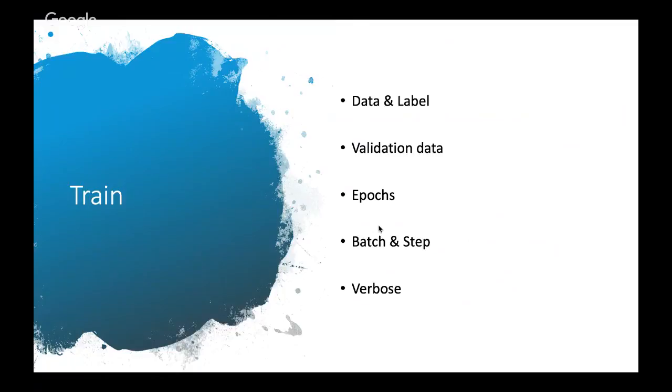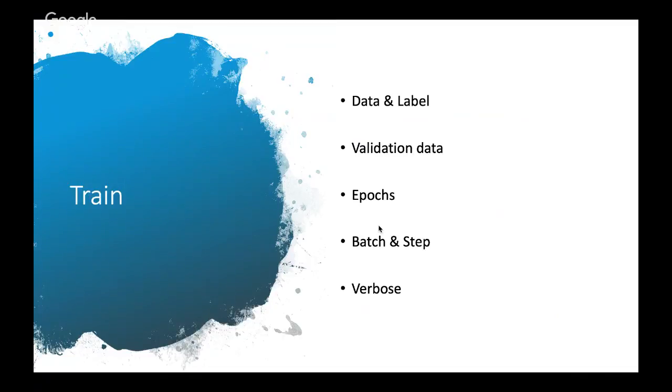So first is the validation data. Validation data is not like the test data, but it's different because that one is used in the training time. So that one is to monitor how the model works on unseen data. So that means the whole training data has some set aside for the validation. I will not use the validation data to train the model. And then I will use the validation data to see what's the accuracy on the validation data.